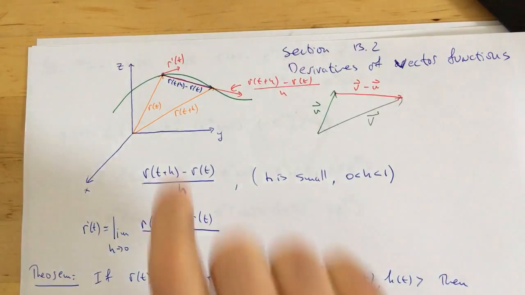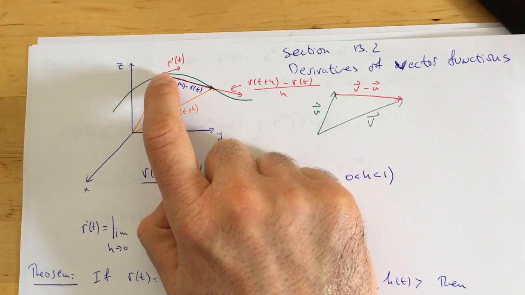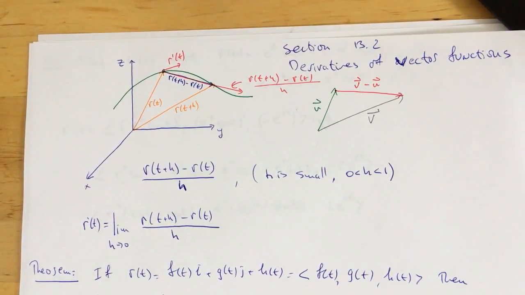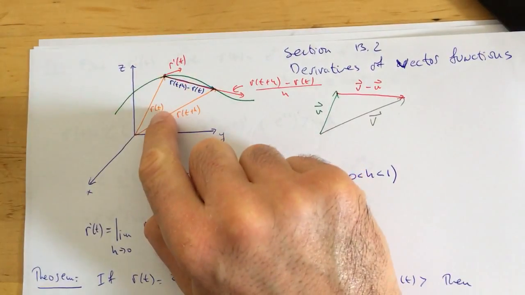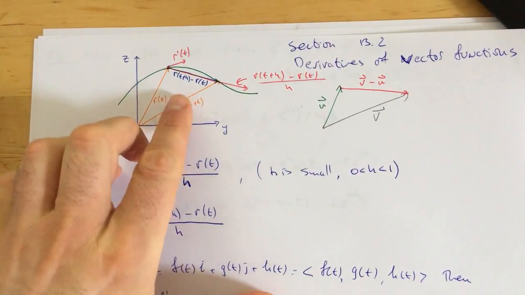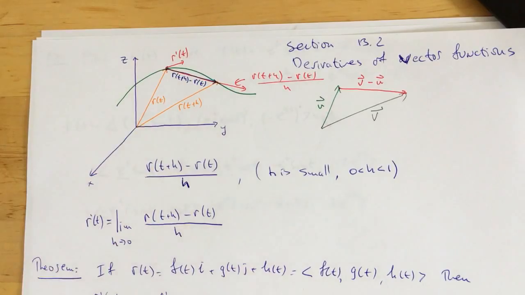It gives us the direction of the tangent line to the curve at this point. So this vector, the derivative of r of t, r prime of t, is parallel to the tangent of this curve at this point. Okay, so keep that in mind in order to solve the next problem.